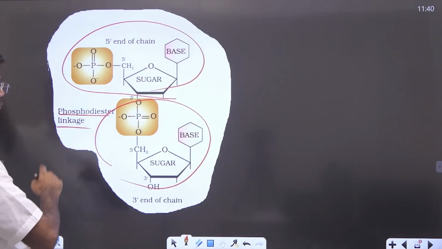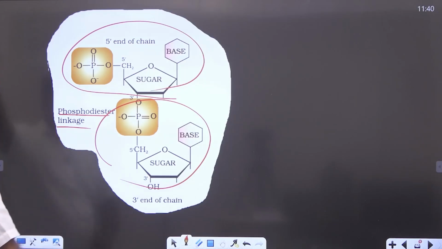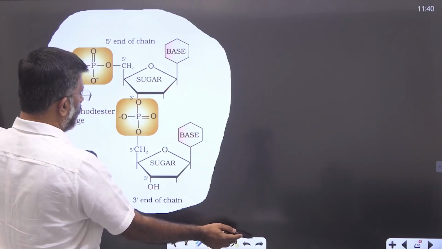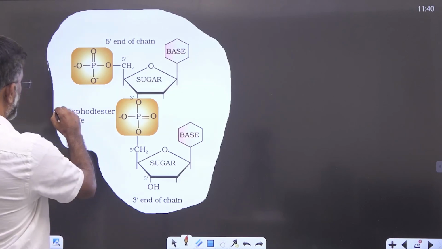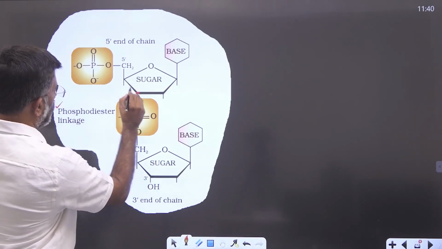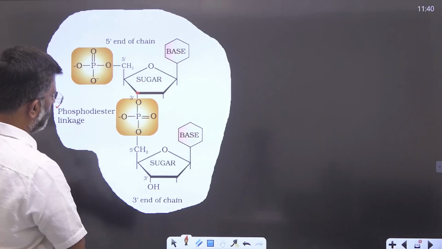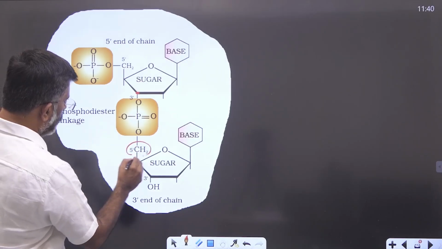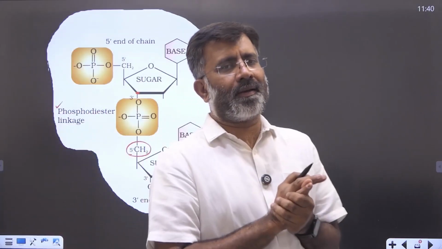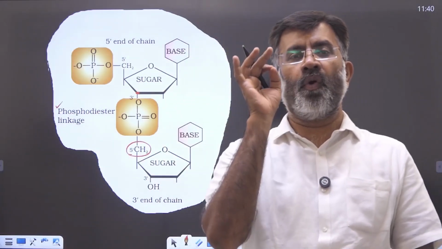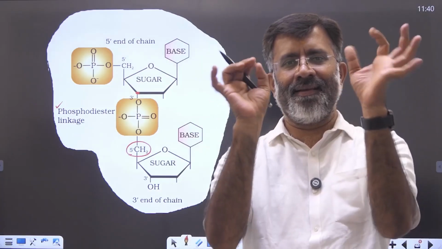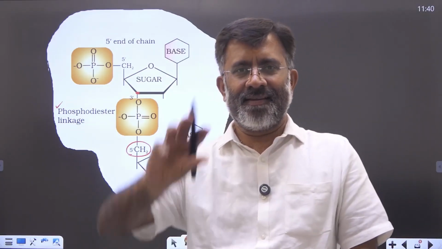It is made between the C3 carbon of one pentose sugar and the C5 carbon of the next pentose sugar. So two nucleotides are connected by phosphodiester linkage, a high energy linkage.